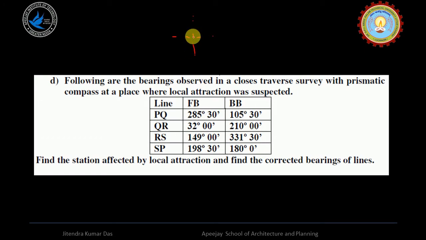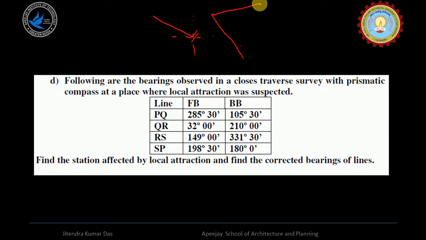It is wrong actually. So it is 280, line PQ, and QR 32.